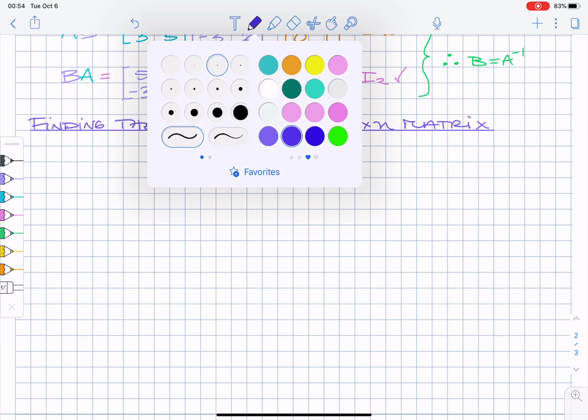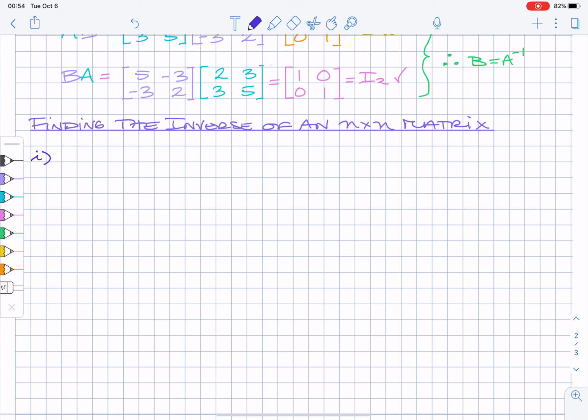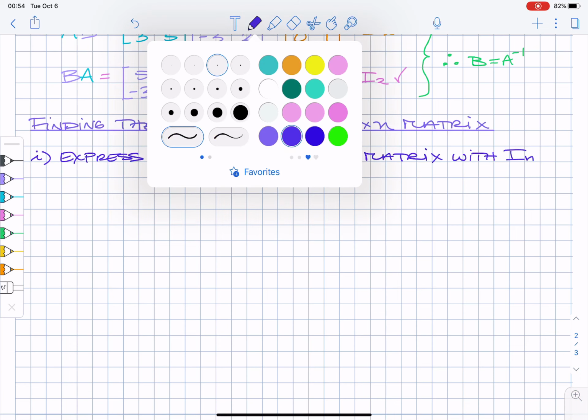Okay, so step 1 would be to express A in an augmented matrix with I sub n.